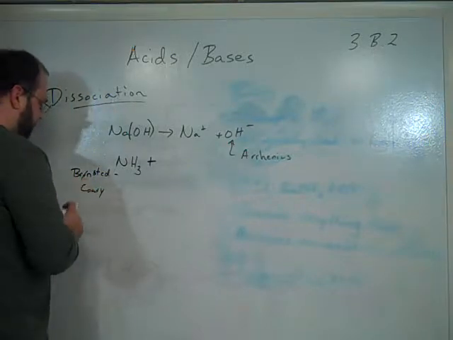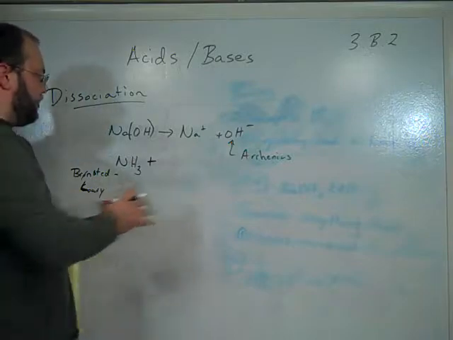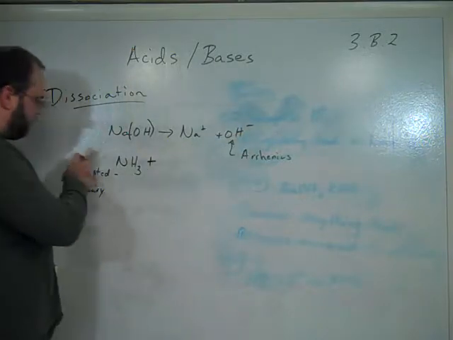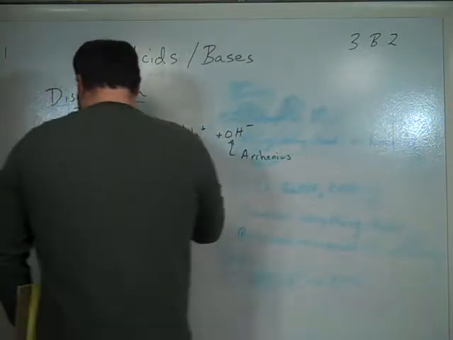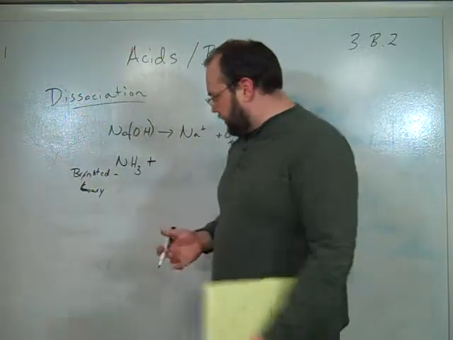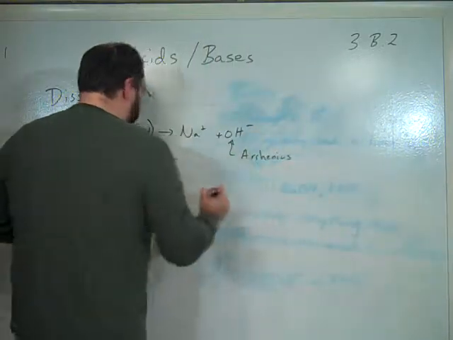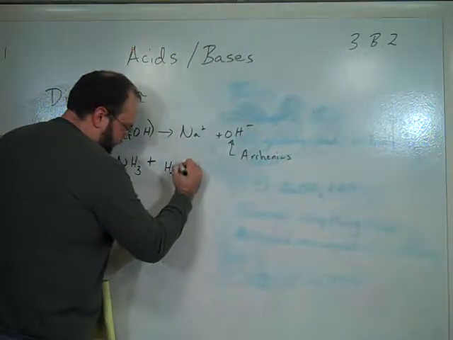Now, the names aren't crazy important at all, but some people, it helps them remember with the name. The guy, I think, was from the Netherlands or whatever, so he has that little slashy thing through the O. It's probably pronounced like Brunstead. But anyway, that's going to react with water.